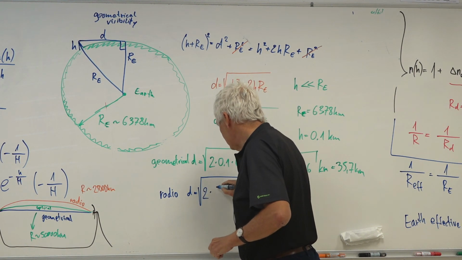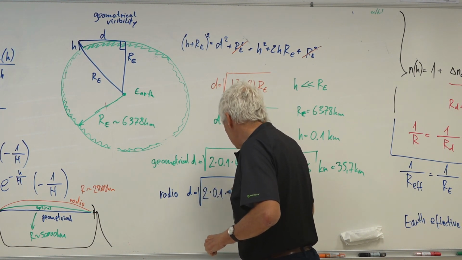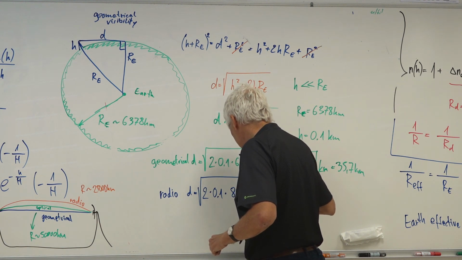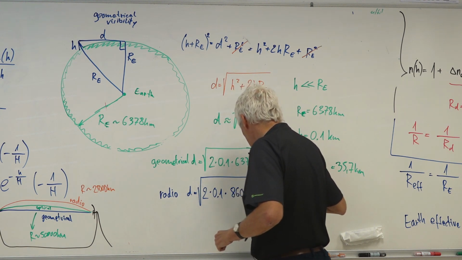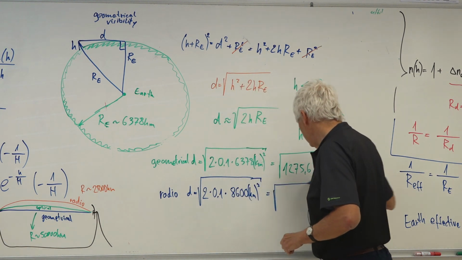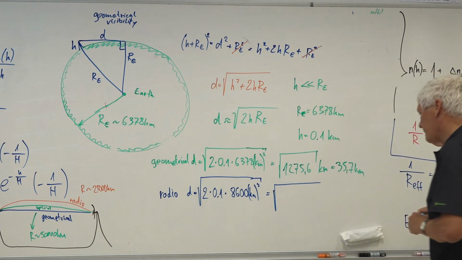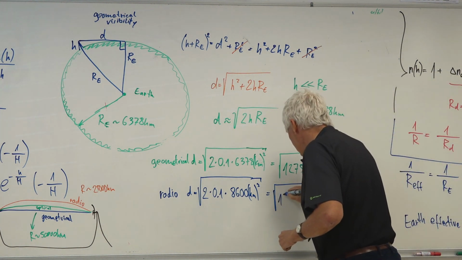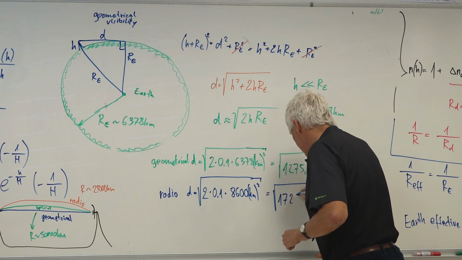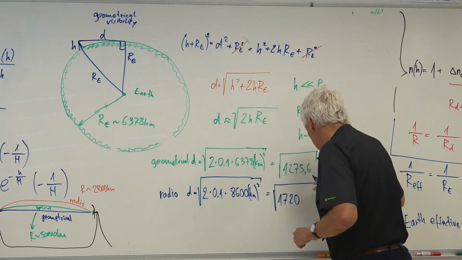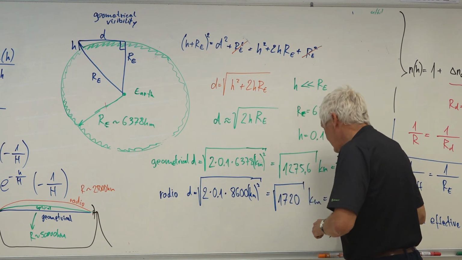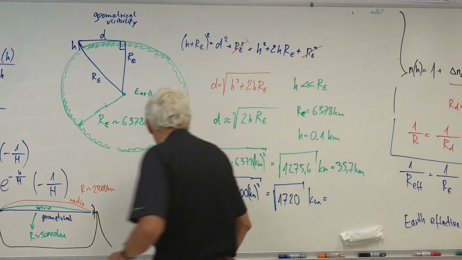So it's 2 times 0.1 times 8600 kilometers squared. So this thing is now 1720. If I take the square root, it's already kilometers out, and I calculate this range right now.